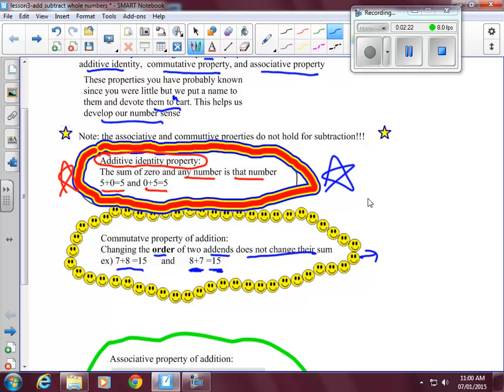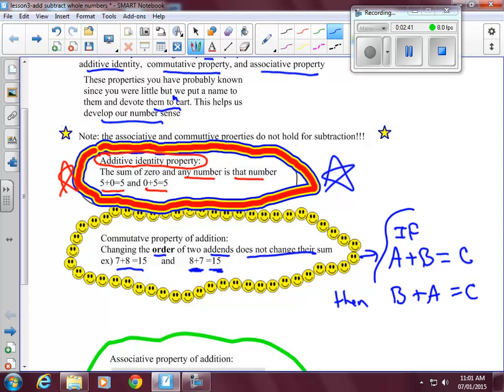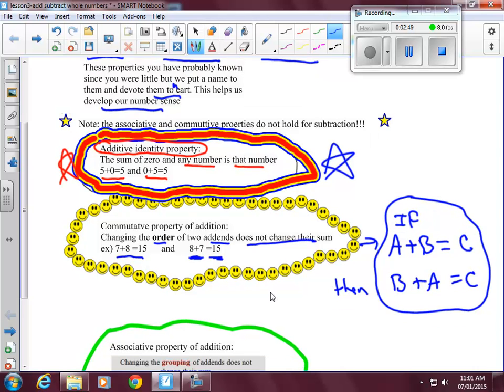A more formal way of saying that is: if A plus B equals C, then B plus A will also equal C. You know what I mean? Order doesn't matter with addition, but it does matter with subtraction. So that property does not hold with subtraction.